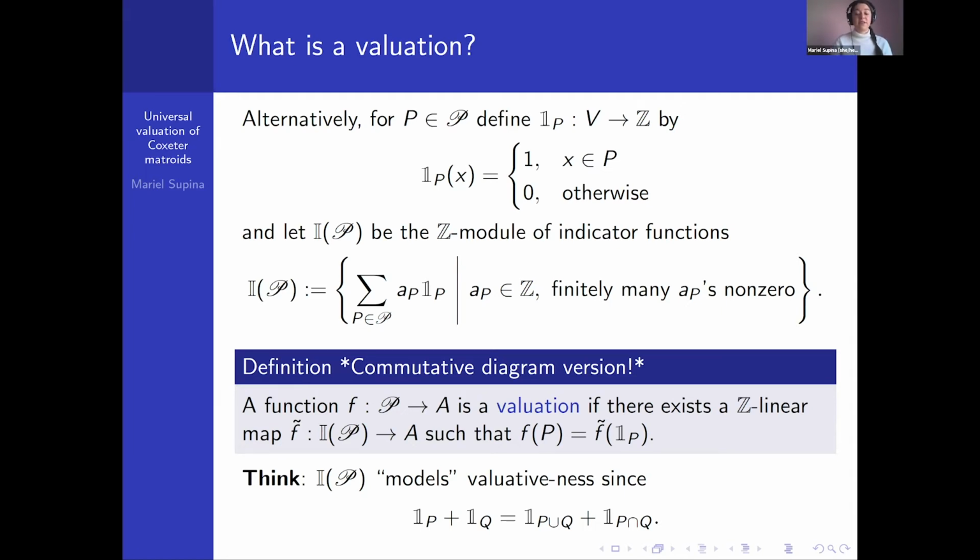We can see that because, on the left-hand side, that sum of functions will be 2 if x is in both P and Q, 1 if x is in P or Q but not both, and 0 if it's in neither. You can check that's the same function as the right-hand side. So this relation on the indicator module should give some intuition as to why this algebraic definition would be related to the one from the previous slide that uses inclusion-exclusion on the faces.